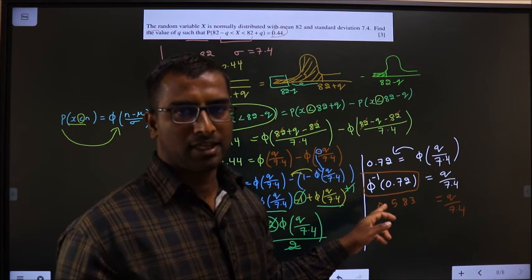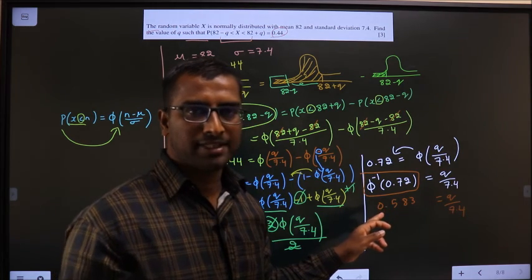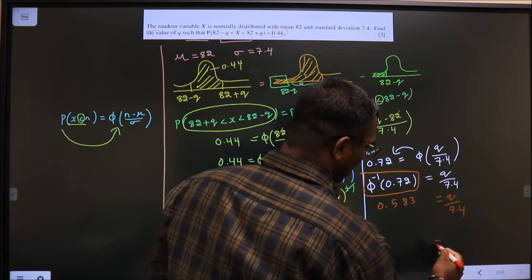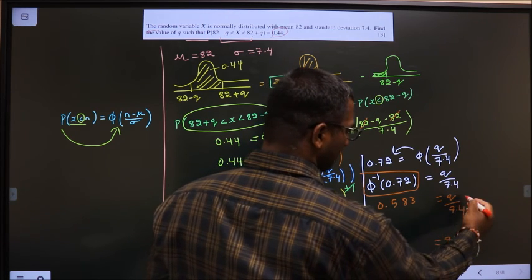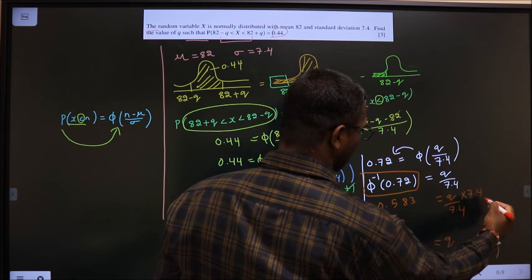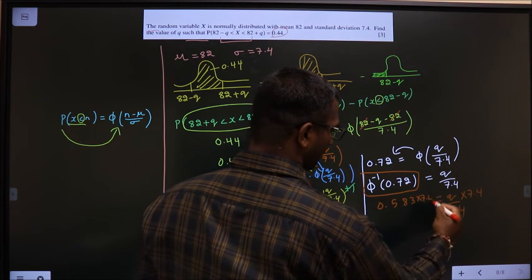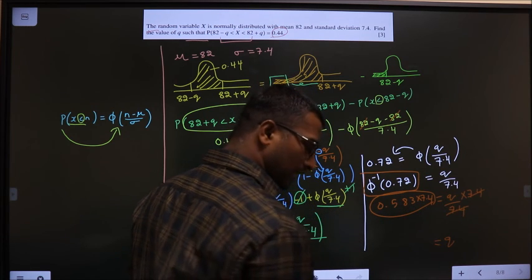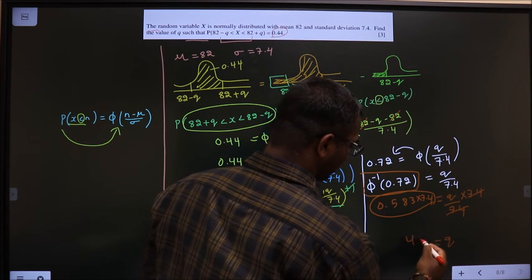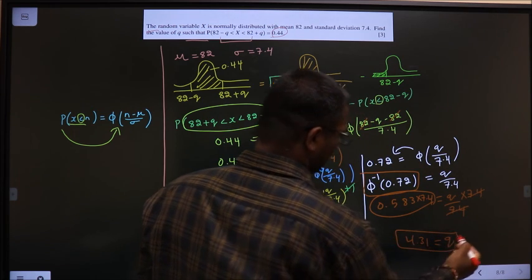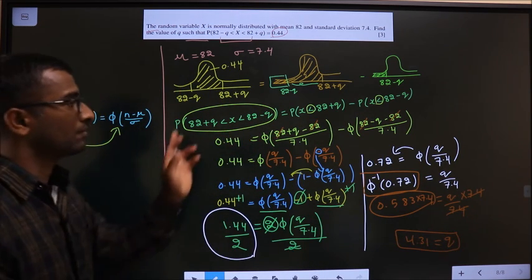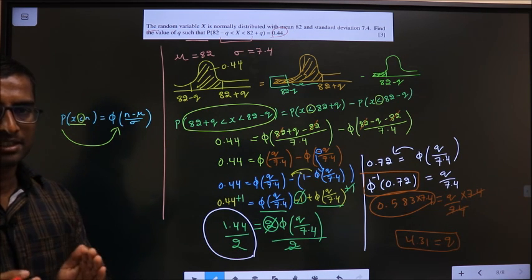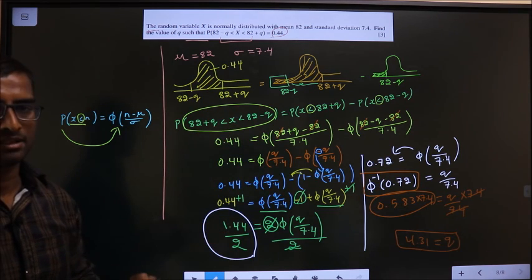If any doubts in making use of the normal distribution table, look at the playlist given in the description. Now to get q, you should get rid of 7.4. For that, multiply by 7.4 on both sides. So this gets cancelled. You put this in the calculator, you get the answer to be 4.31. So this is the value for q. Is it clear? For every normal distribution between-type question, we have to do this method.